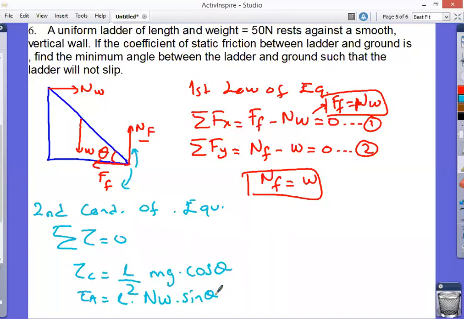L over 2 times mg cos theta equals L times the force on the wall times sine theta. So these L's are going to simplify themselves.